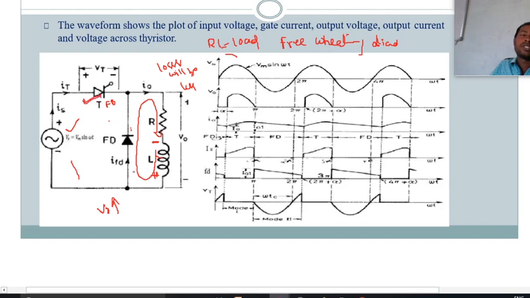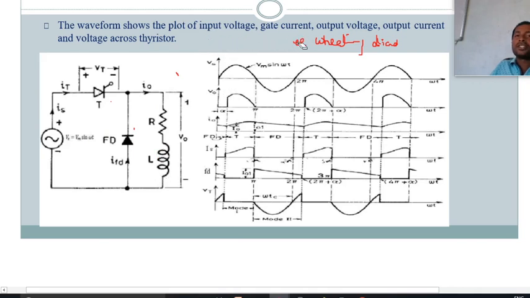There is no negative area in the output with this freewheeling diode. I will explain the waveform so that you can understand easily. This is the advantage. The disadvantages of the RL load are reduced by using the freewheeling diode.